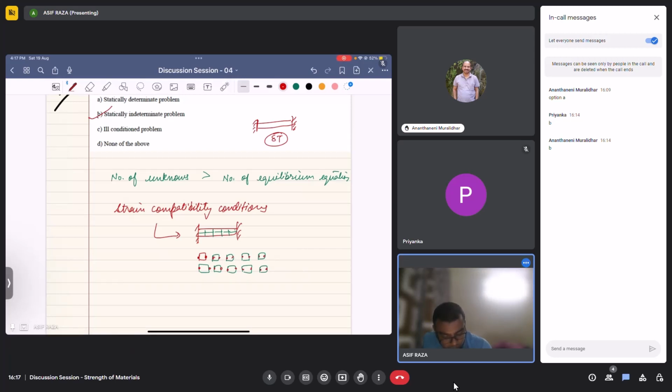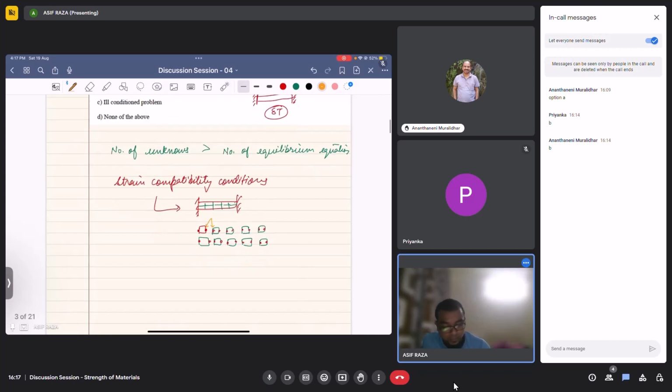The values of displacements at this point and this point should be compatible so that cracks won't develop or interpenetration doesn't happen.